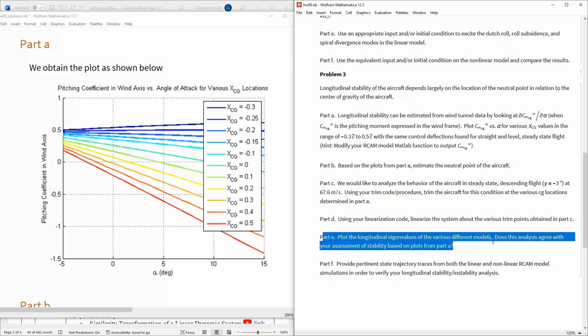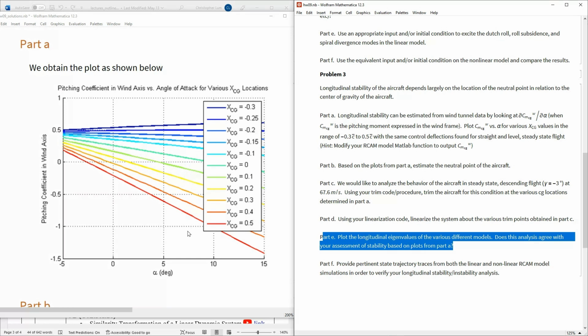Look at these eigenvalues, and hopefully what you see is that for configurations like this red curve, the eigenvalues are all in the left half plane, meaning you have a stable linear system. But as you start moving this CG backwards, something is going to happen with the eigenvalues, and I don't want to give this all away. I want people to have a chance to explore this themselves, but you should see the eigenvalues move as you change the CG location.